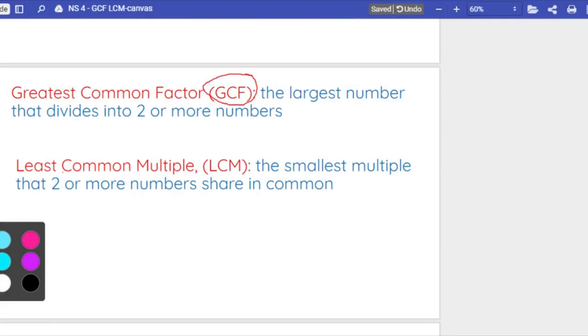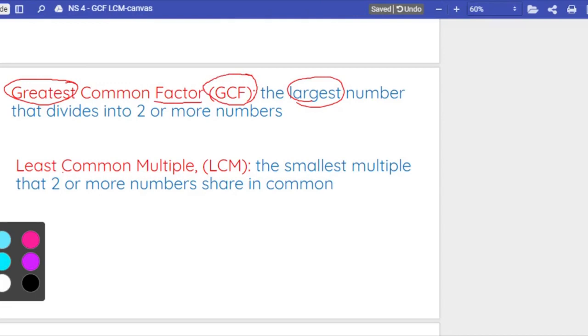If we look at that definition there in blue, it says the largest number that divides into two or more numbers. So greatest and largest obviously go together. They mean the same thing. Common, right? We're looking at two different numbers and finding the factor that's in common between the two. A factor is a number that can be multiplied with another number to give us a number.